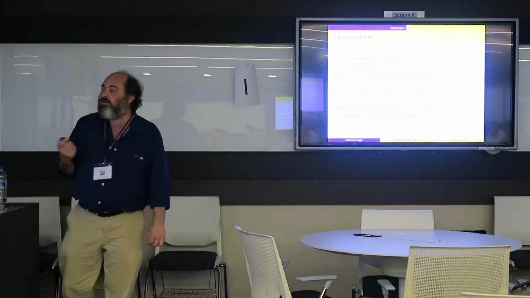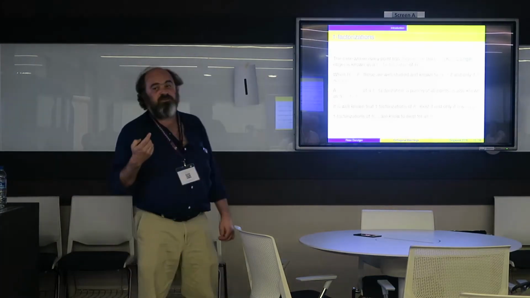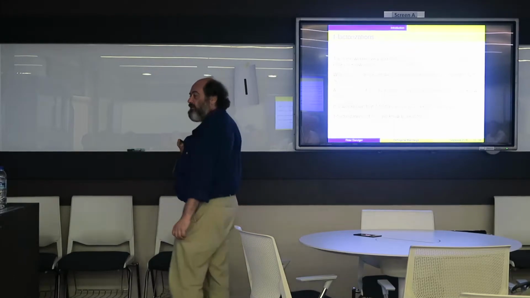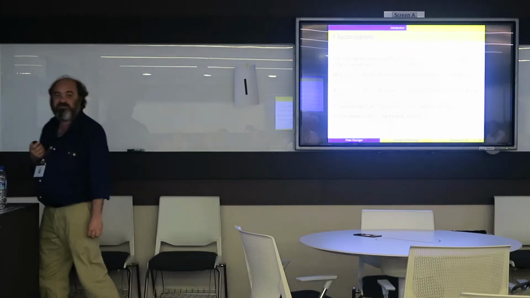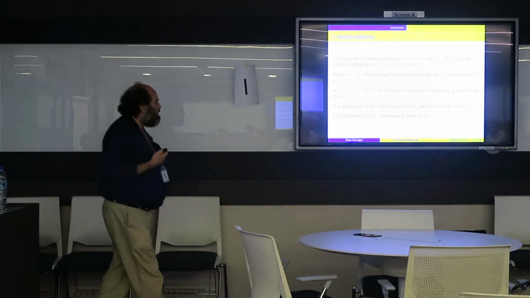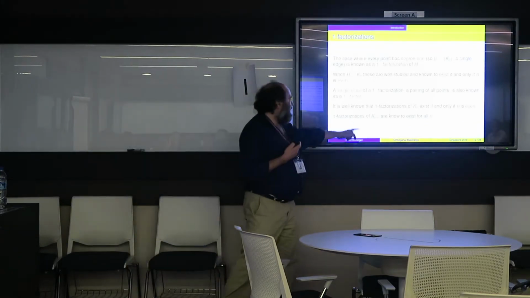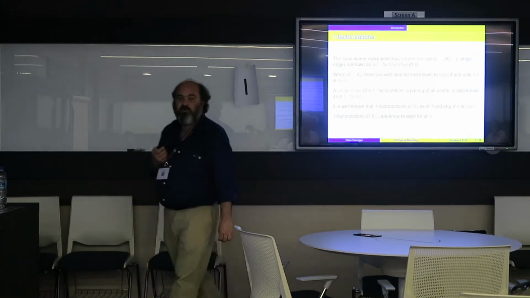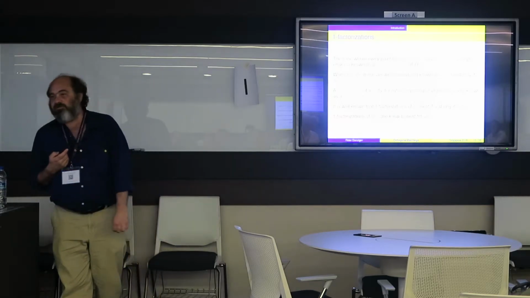It's well known that a 1-factorization of Kn exists if and only if n is even, and similarly, a 2-factorization of Kn can be done for all n, and it's pretty easy to see how that's done.